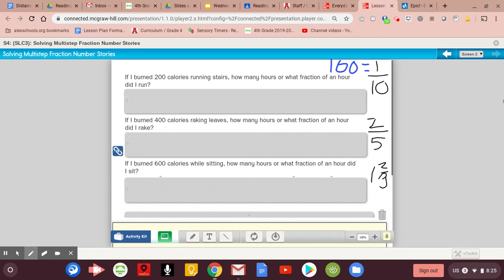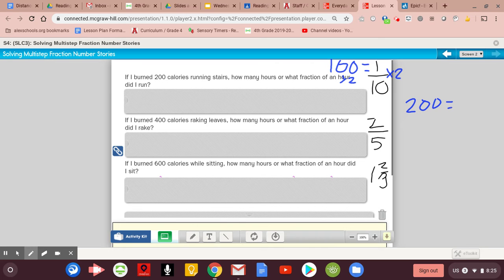To make 100 into 200, I had to times this by 2. So I am also going to times my fraction by 2. I'm taking 1/10 times 2.